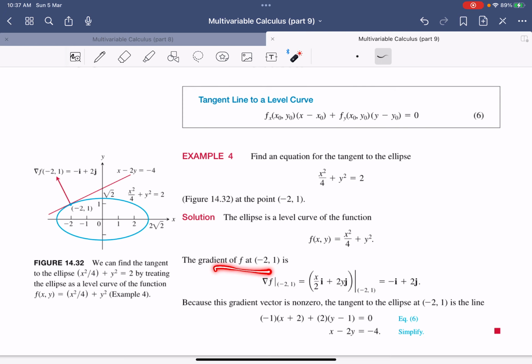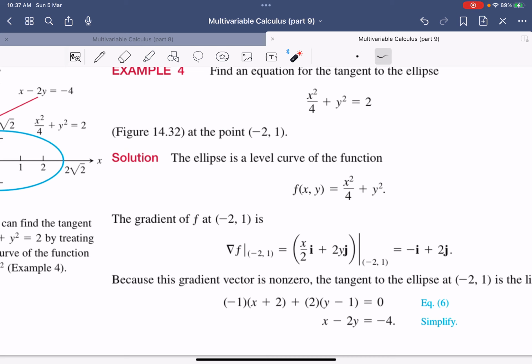And so the gradient vector will equal the following. You just differentiate with respect to x, evaluate it at (-2, 1), and that will be the i component, and then differentiate with respect to y, and that will be the j component.